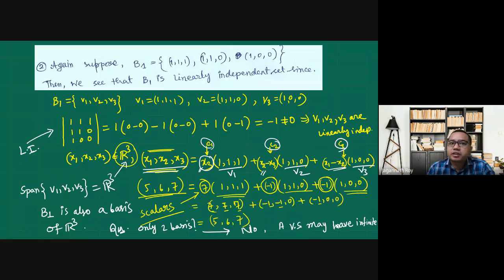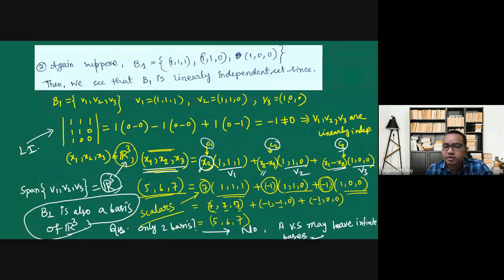Since R2, R3, Rn are infinite sets, a vector space may have more than one basis. We have seen here that at least two bases are there, but there is a theorem that it may have an arbitrary, infinite number of bases.